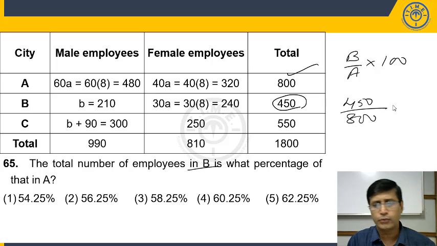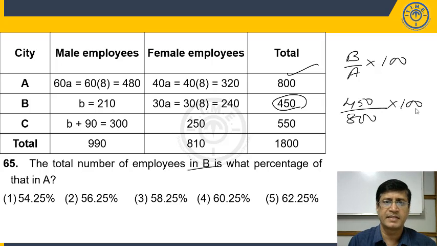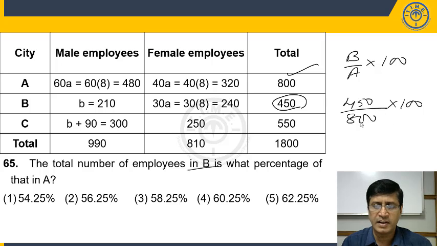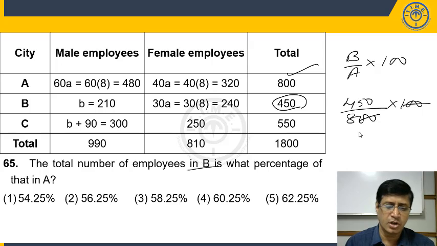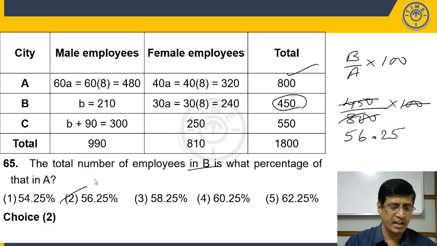So 450 upon 800, percentage we need to find. Zeros we can cancel. Now solving this, we get 56.25. So the right choice is option number 2. The second choice is the right answer.